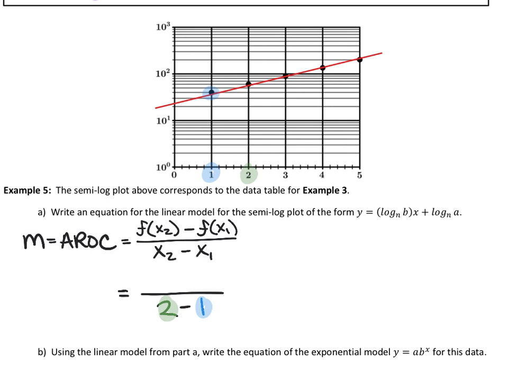What value is that on my graph? 40. So we're not just going to put 40 though, because this is log scaled. So we're going to say log of 40. Okay. What about the value 2? 60. So in my average rate of change formula, I'm going to say log of 60. That is all numbers. So let's turn to our calculator, and with a fancy fraction maybe, do log of 60 minus log of 40 over 2 minus 1.